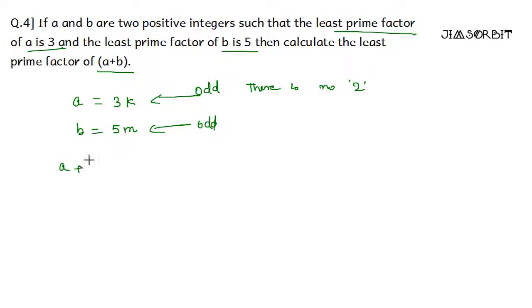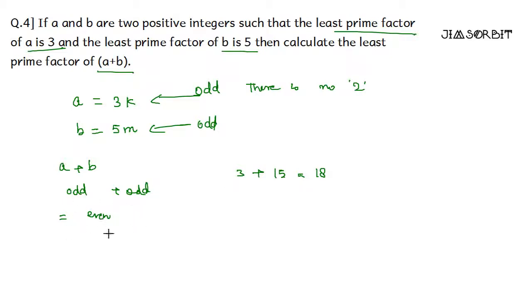Hence, if we find A plus B, actually we are going to add odd plus odd. And we know odd plus odd is, what is odd plus odd? It is even. Correct? So A plus B is always even. Odd plus odd is even. You see 3 plus 5, it is 8. Yeah, even. Okay. You can check on your own.